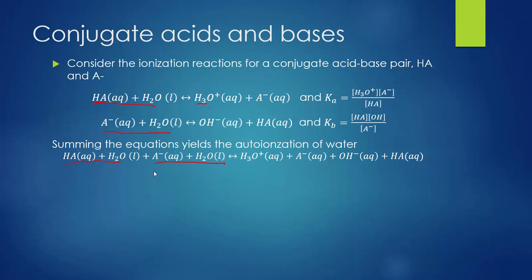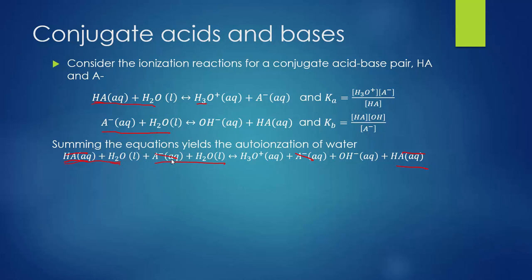But I can simplify it if things appear on both sides. So this is HA as an aqueous thing, and that's also a product over here, so I can cross out HA. H2O appears on the left, but nowhere on the right, so I've got to leave it there. A- appears on the left and on the right, so I can cross out those.